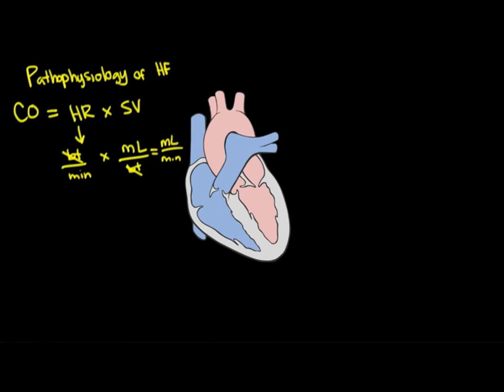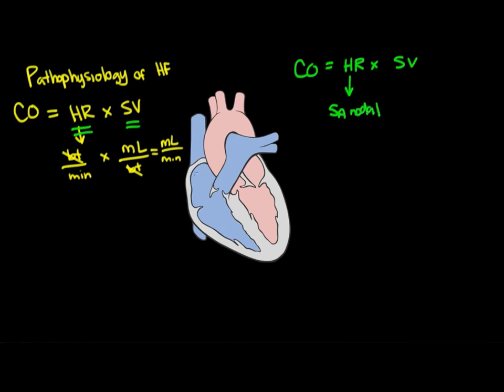Now, what we have to do is see what determines how fast your heart beats and how much blood your heart pumps out with each beat. Okay, so we're going to rewrite the equation up here. Cardiac output equals heart rate times stroke volume. And we're going to talk about what goes into each of these variables. Heart rate is pretty easy. In the right atrium of the heart, there's a specialized group of cells known as sinoatrial nodal cells.